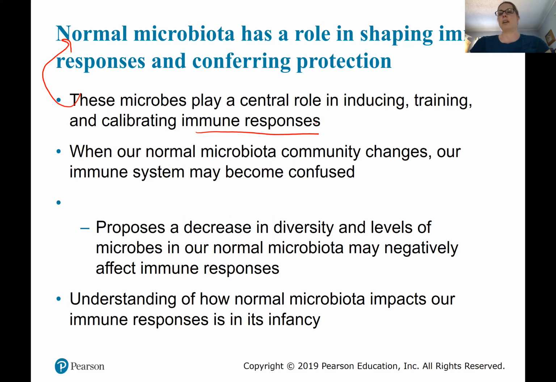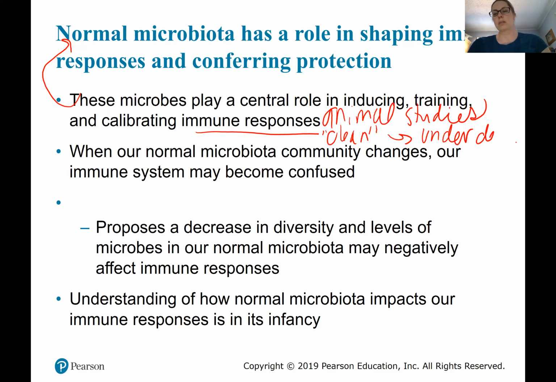Okay, there have been animal studies where clean animals, where their animals are kept in a very clean, sanitary environment, a lot of disinfecting, things like that, that show that they have an underdeveloped immune system.